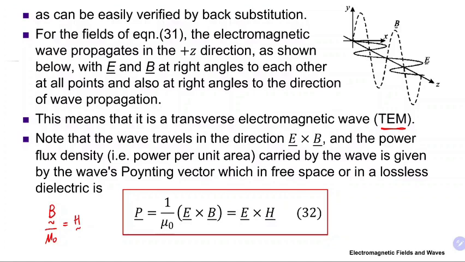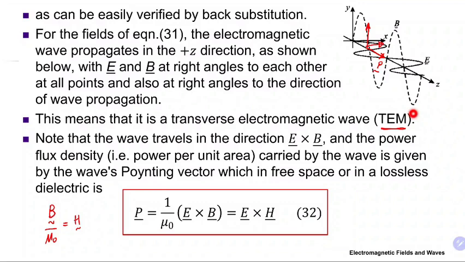So if I have a wave with electric field in this direction, magnetic field in this direction, and then if you do a cross product of E with H, you find that P will be in the z direction, and that is the direction of the wave flow, or the power of the wave flowing. Very important equation.